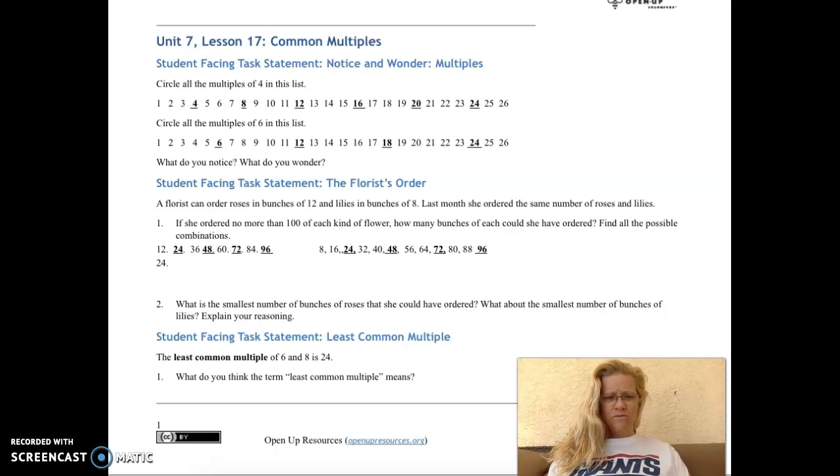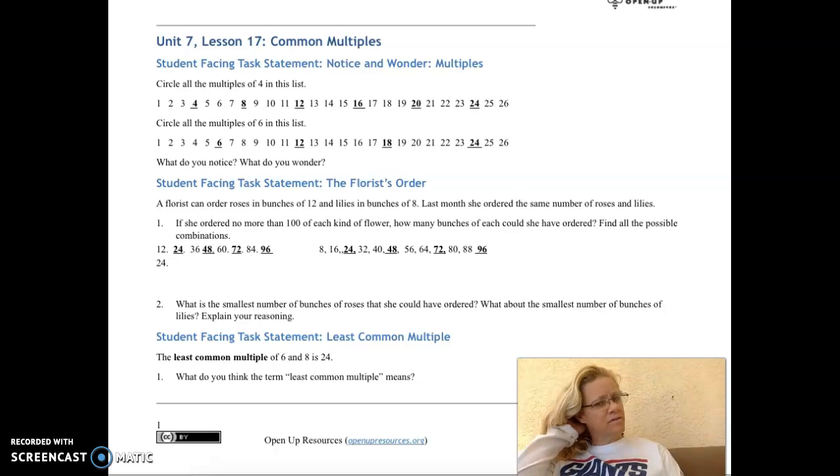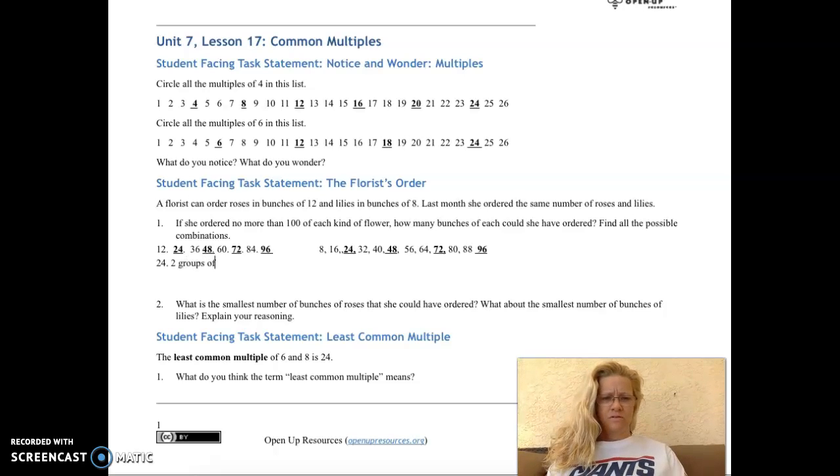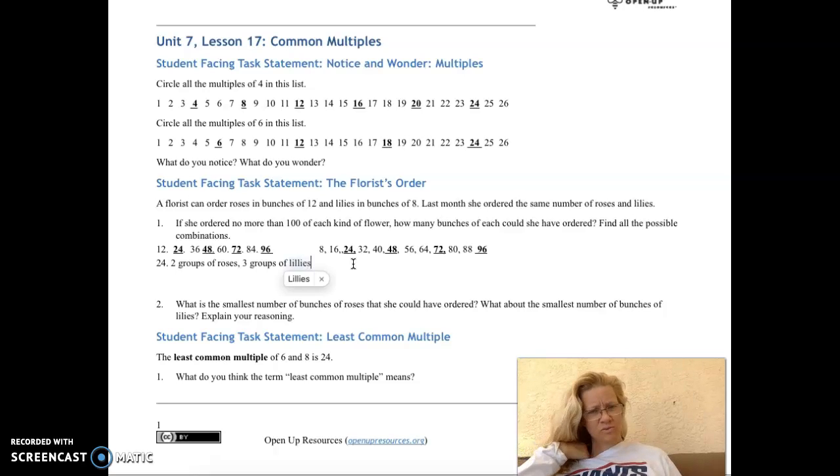I can order groups of 24, and for roses that would be 2 groups of roses, and that would be 1, you can't see me pointing, 1, 2, 3 groups of lilies, and that would be 24.